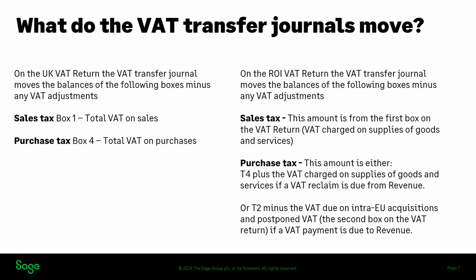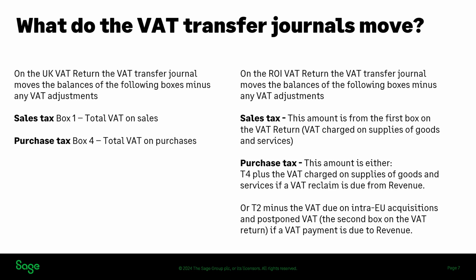What you're looking at doing is moving for the sales tax the amount from the first box on the VAT return, which is the VAT charged on supplies of goods and services. And for your purchase tax, it depends on whether it's a payment or a reclaim. So if it's a reclaim, it would be T4 plus the VAT charged on supply of goods and services.